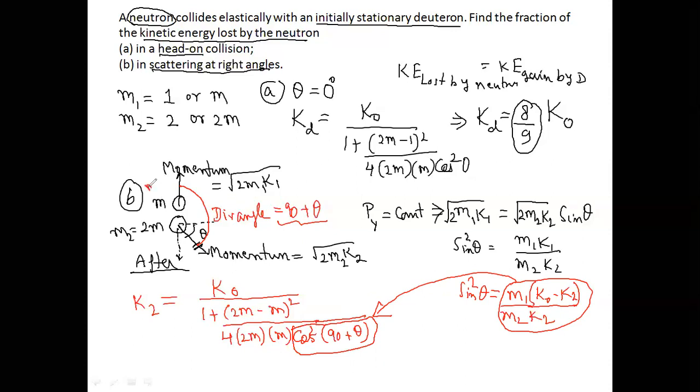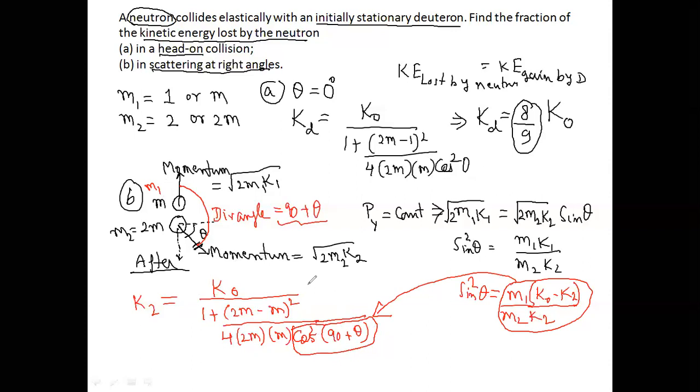This is m1 and m2 is 2m. You just have to substitute this value of cos square 90 plus theta, that is sine square theta, by m1 by m2 times (k0 minus k2) upon k2, and you will have only k2 and k0 in this expression. You will not have anything else.